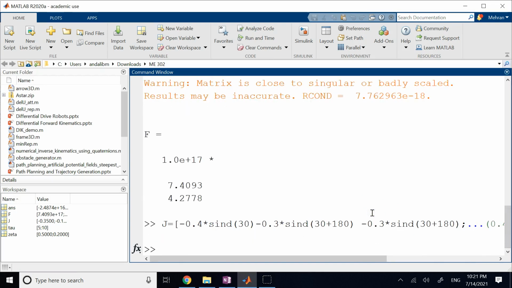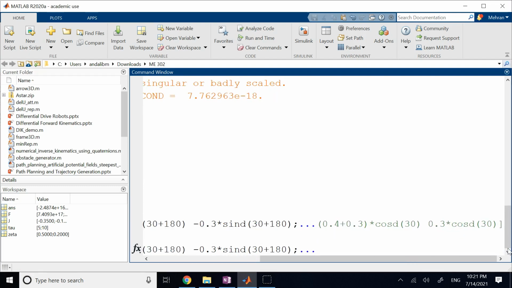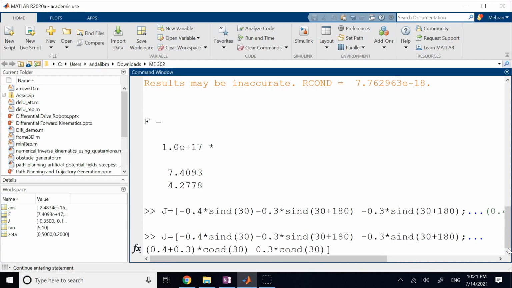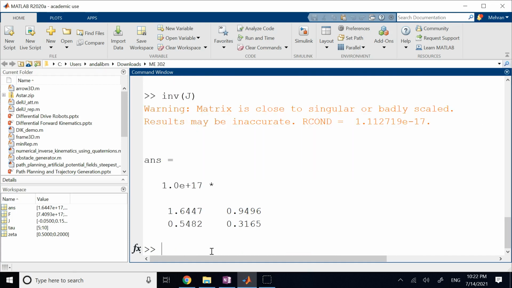Okay, I had to first take this off, and then this one is going to be A1 times cosine theta 1, plus A2 times cosine of theta 1 plus theta 2, and the last element is simply A2 cosine of theta 1 plus theta 2. So this is your J matrix.